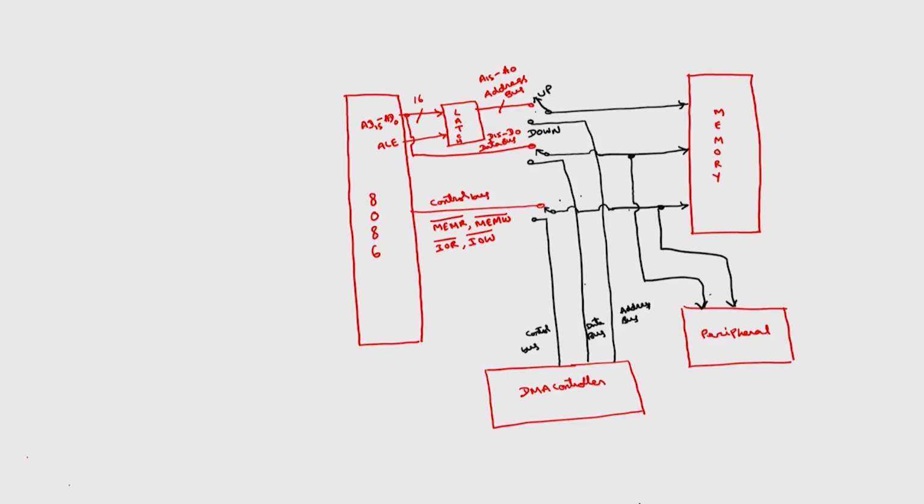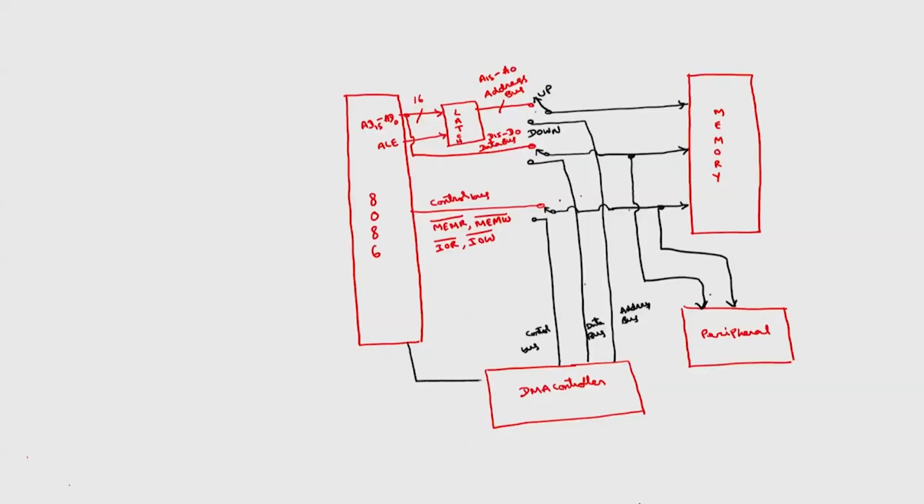Then between the DMA controller and 8086 there will be two signals. One is called the hold request signal, HREQ, and the other is the HLDA signal. This will be connected to the hold signal of 8086. We know that in minimum mode there is a hold signal for 8086 and this will be connected to HLDA, hold acknowledge.